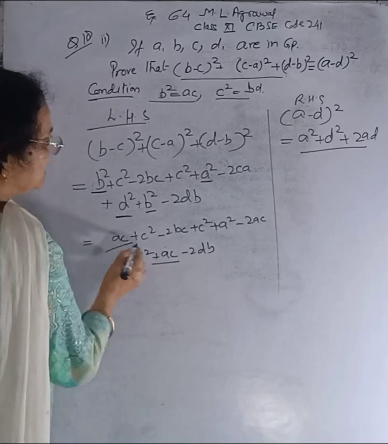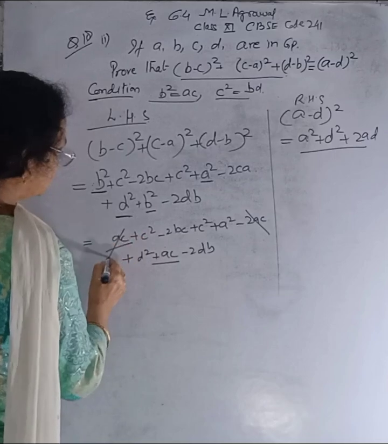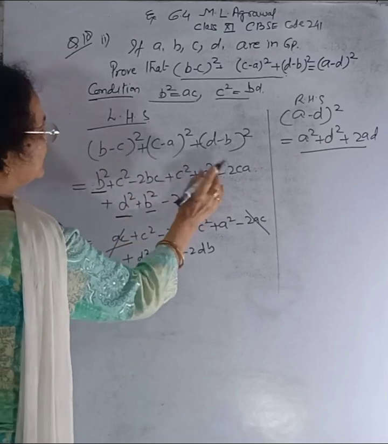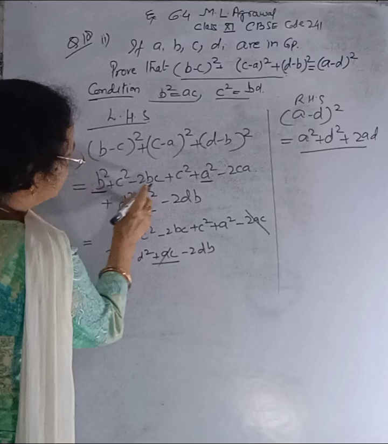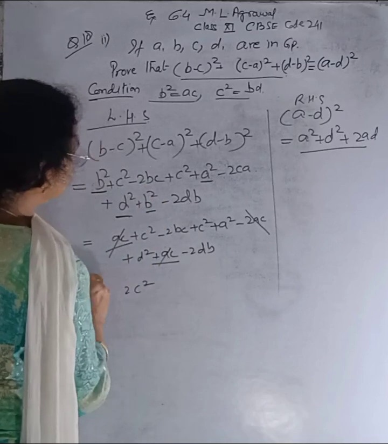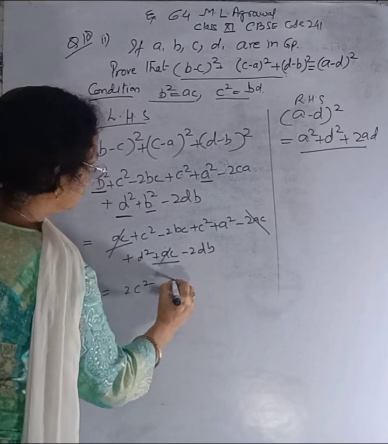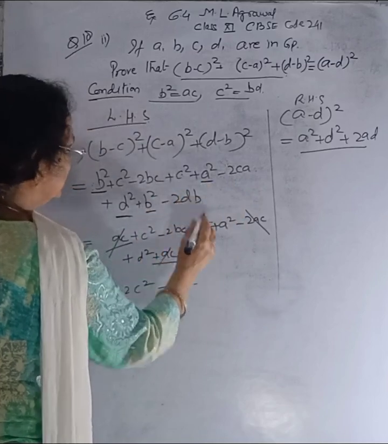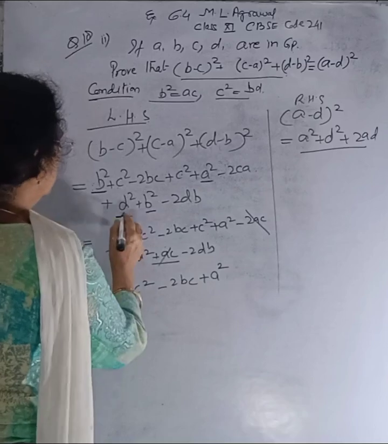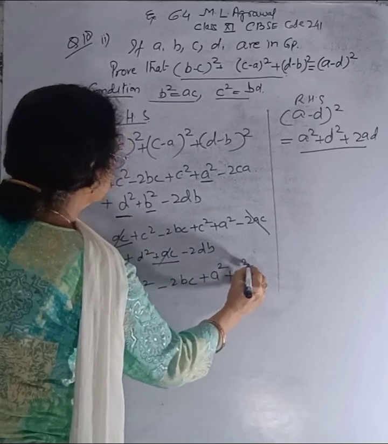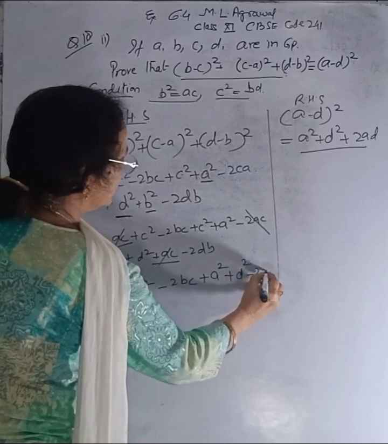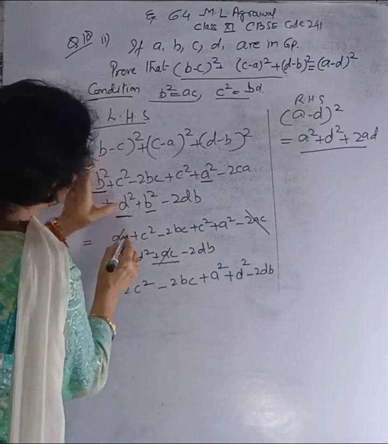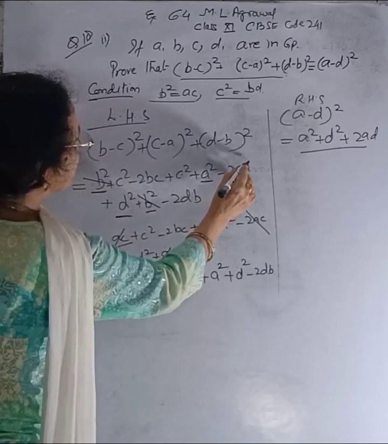This AC plus and this 2AC get cancelled, leaving 2AC. Remaining: 2C square minus 2BC, plus A square plus D square minus 2DB. This gets cancelled, this gets cancelled.